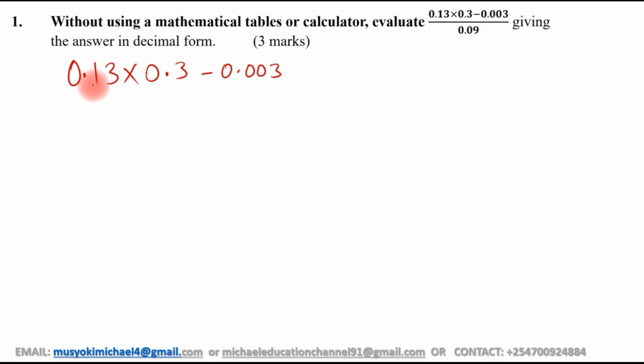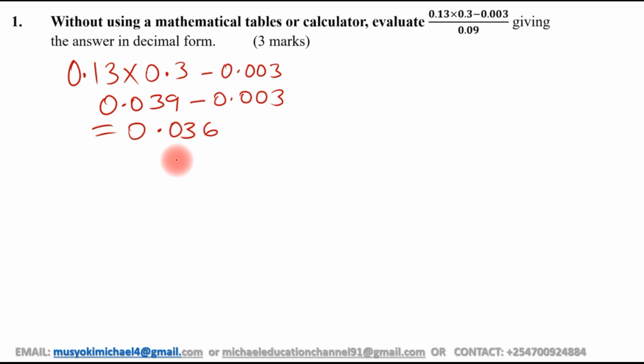So 0.13 times 0.3 is actually 0.039. Then we subtract 0.003. If we subtract this, we end up getting 0.036. So that's the value of the numerator.